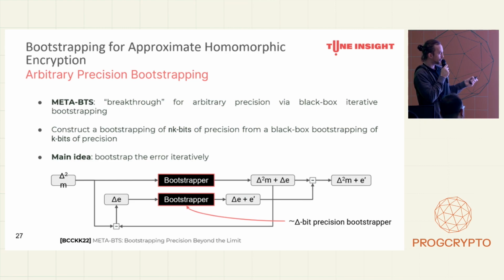You take it back, you subtract from the original message. This gives you only the error of the previous bootstrapping. You bootstrap this again, you get your error that is bootstrapped at the maximum modulus, plus some small error. And then you subtract again, and you get your original message, but you have replaced the previous error by something that is smaller. And you can continue as much as you want until you reach the minimum precision that the scheme provides.